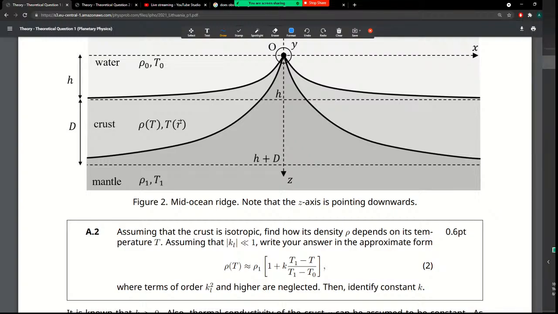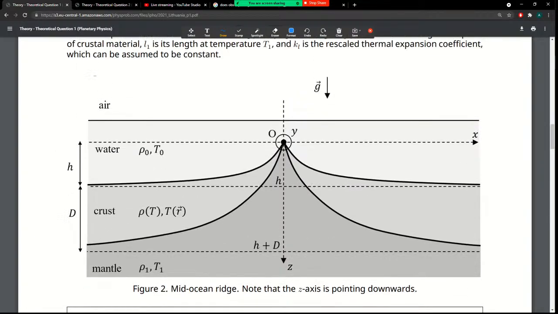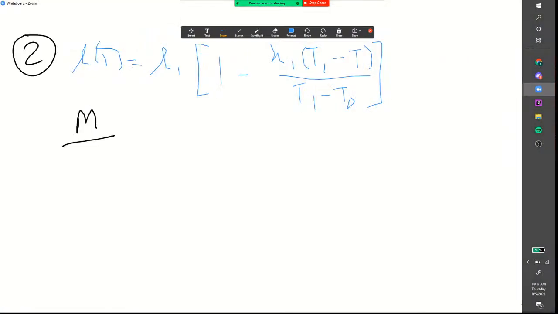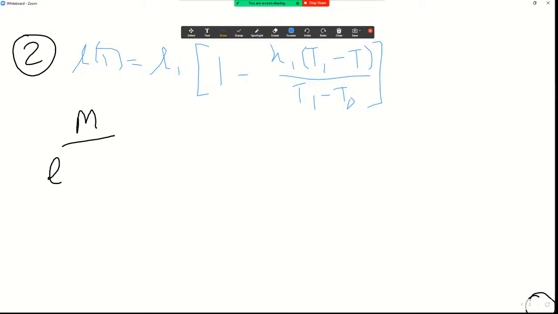Okay, well, density is mass over volume, so I guess we can just rewrite this in terms of volume. So mass upon volume, that is dimensionally L1 cubed. Is this K or eta?